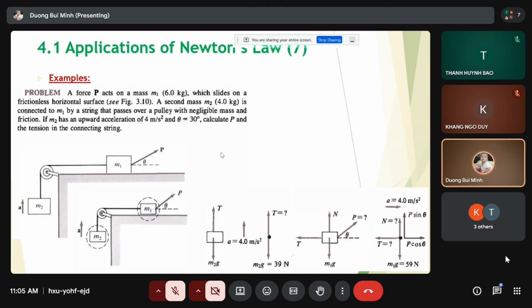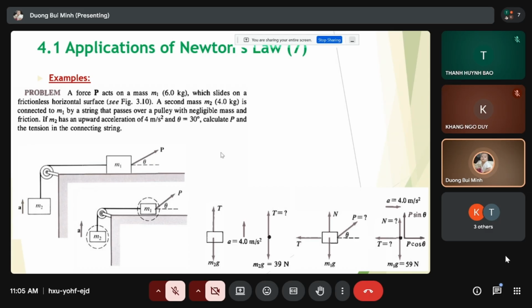Right? Are you finished? Yes. So here we analyze. This one is tension force, this one is tension force, this one is M1G, and this one is normal force.